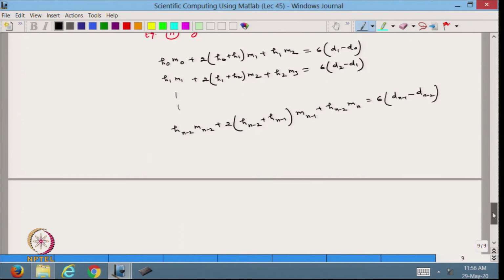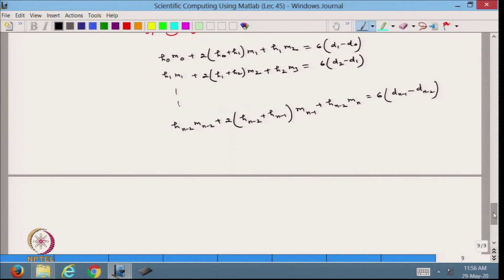If I write this expression in the matrix form, I need to find m0, m1, and so on. So, I will get h0, then 2 times (h0 plus h1), then h1, and all other terms are 0.